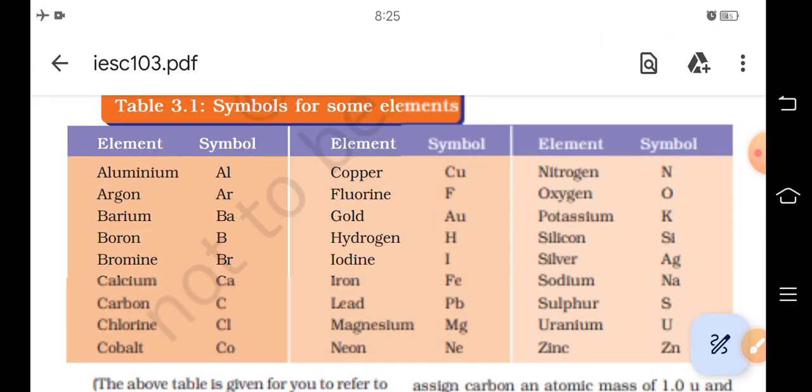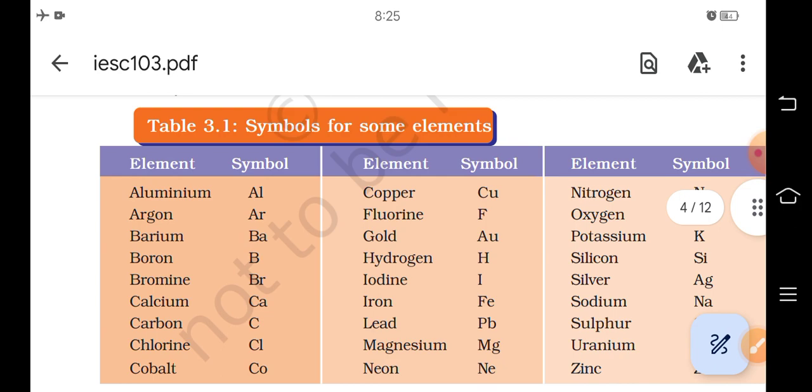Science, Class 9th, Chapter 3, Part 2. Table 3.1: Symbols of some elements.